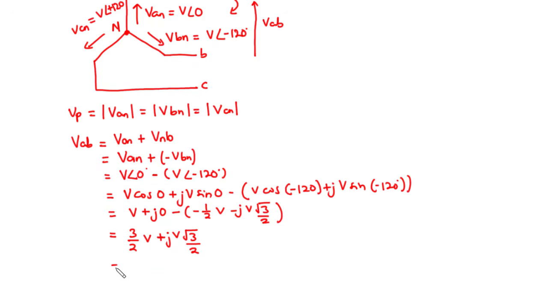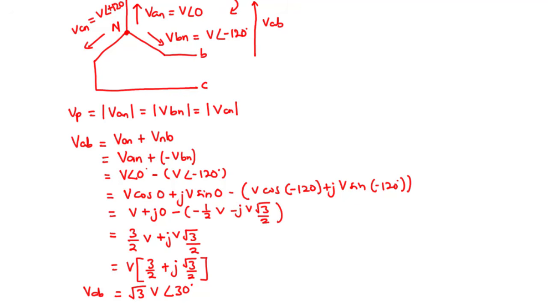Now let's factor out V, so that inside of the bracket we have 3 over 2 plus j root 3 over 2. Now converting this back to the polar form, that becomes root 3 V polar 30 degrees. Therefore, we say that VAB is equal to root 3 times V polar 30 degrees.